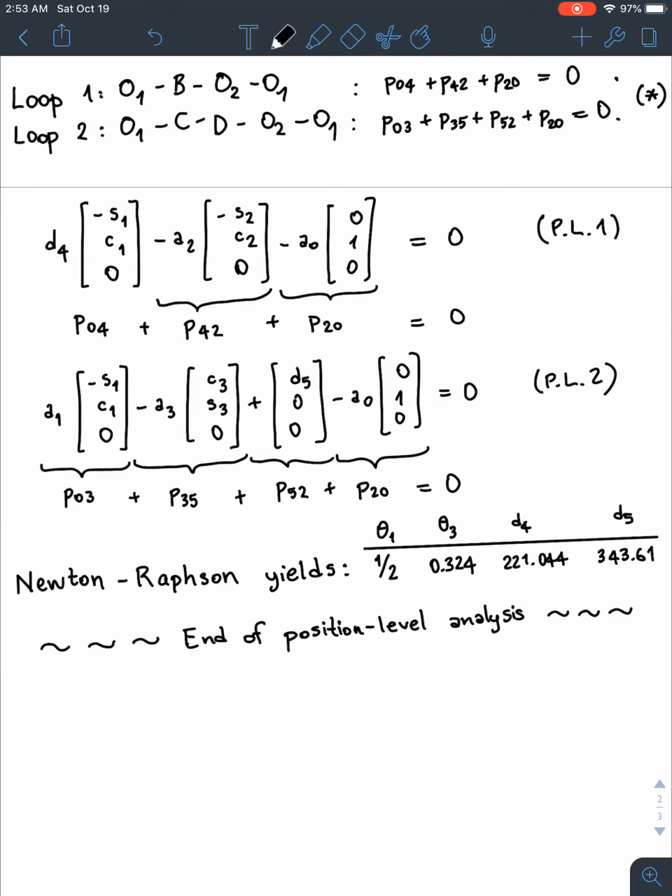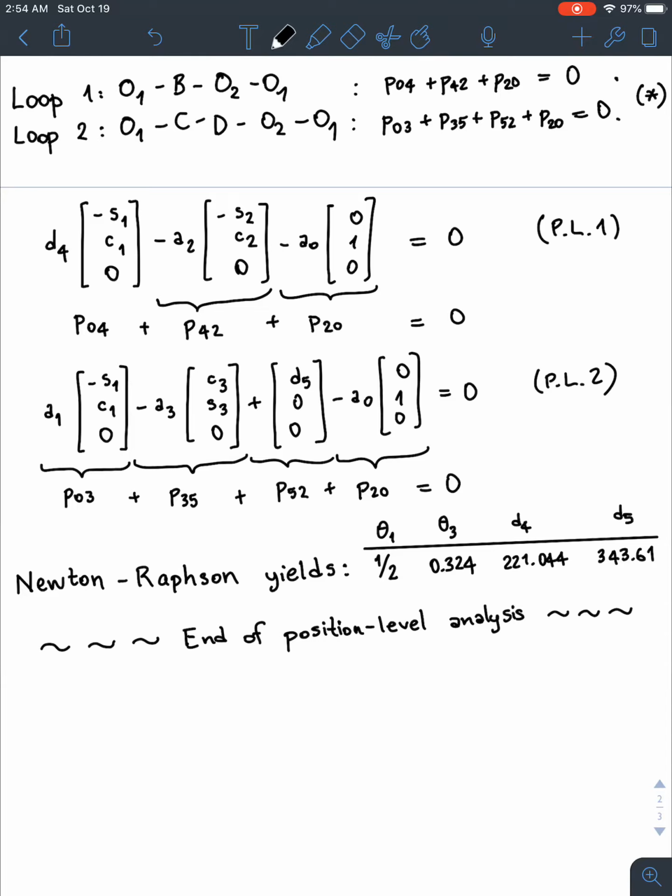Okay, so to do the velocity level analysis, we need to go back to our vector form of our loop equations right here. I designated them by the symbol star. And we will take the time derivative of these equations in star in the zeroth frame. Now, it is very important to remember that when we are taking the derivative of vectors, we need to record in which frame we are taking this derivative with respect to, okay?